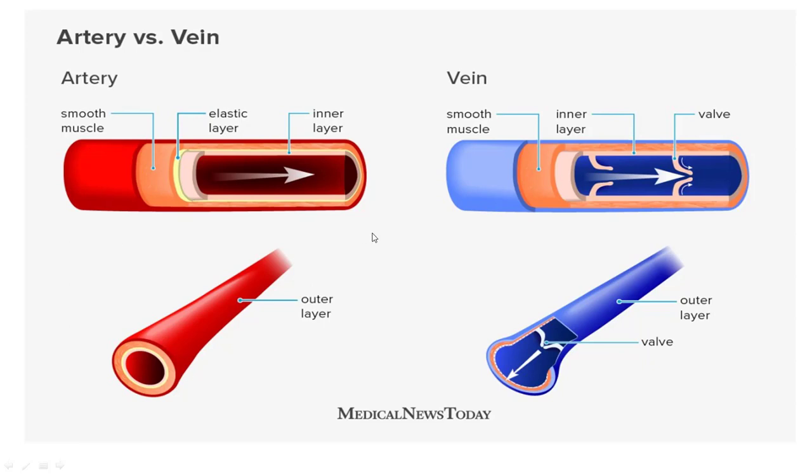While here in the vein you can compare easily between them in structure: smooth muscles are present also, but in a decreased amount. The inner layer is also present. Valves are present in veins and absent in arteries, which is very important and a very important exam question. So these are the main points between artery and vein.